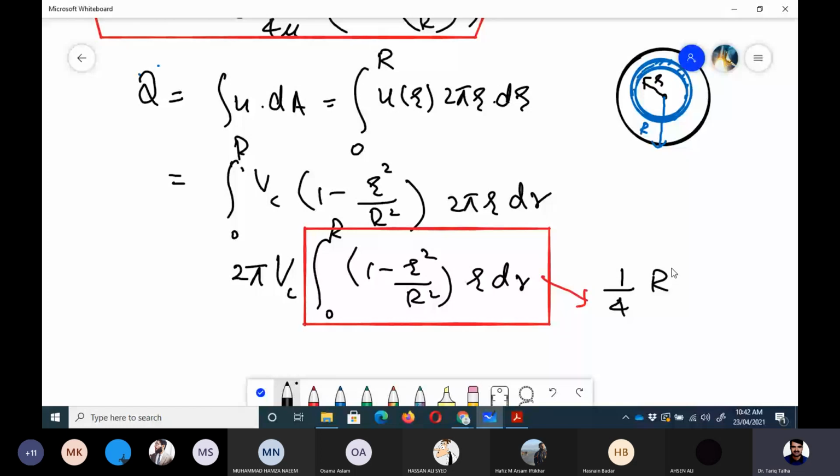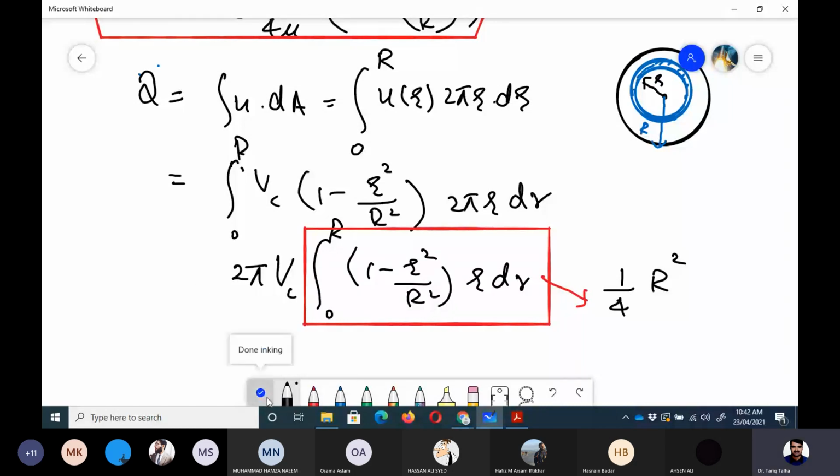It is quite straightforward, as I have told you: the first term would be r square by 2, limits 0 to R, and the second term would be r raised to power 4 divided by 4 R square. If we put the limits and subtract, we would get 1 by 4 R square.